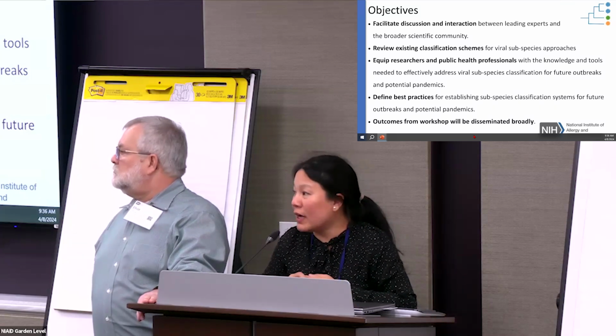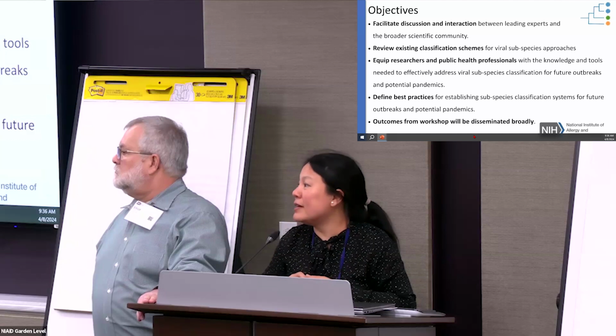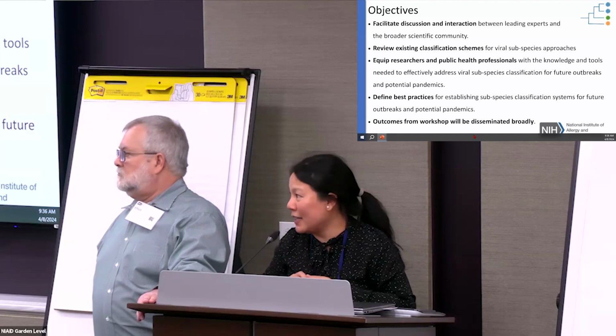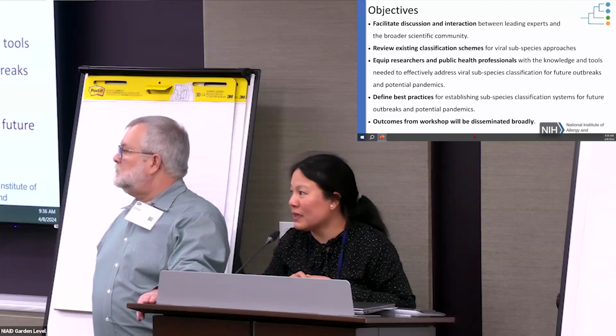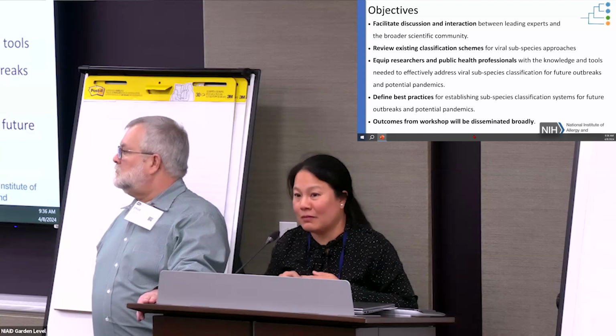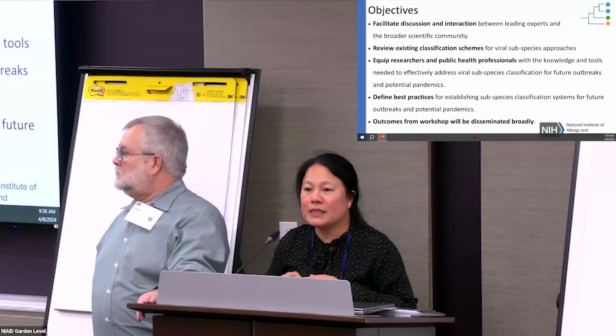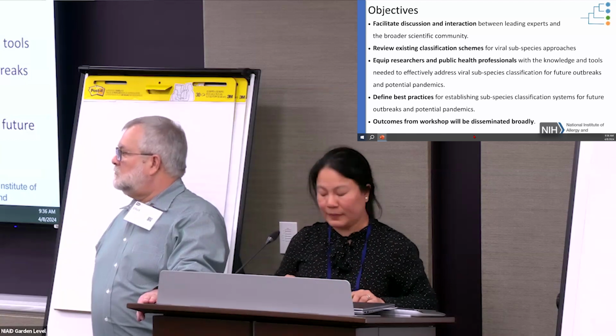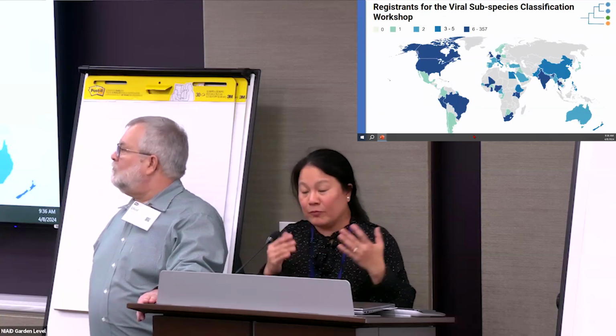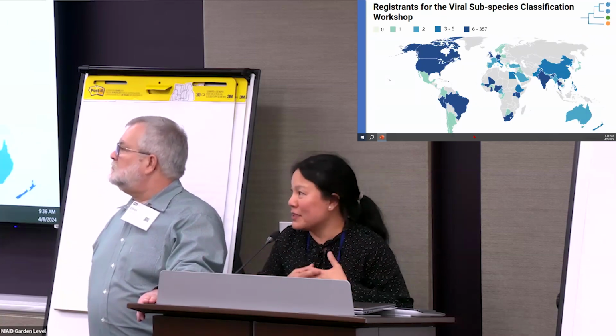We hope to define best practices for establishing a subspecies classification system for the future. And the outcomes from this workshop will be disseminated broadly. So this is the topic of the workshop.